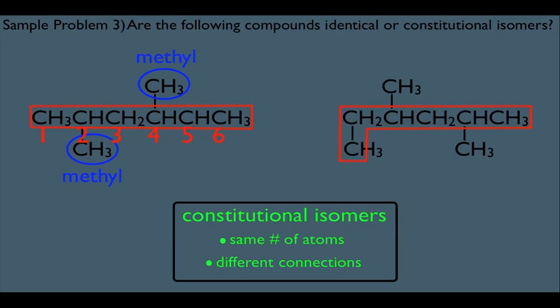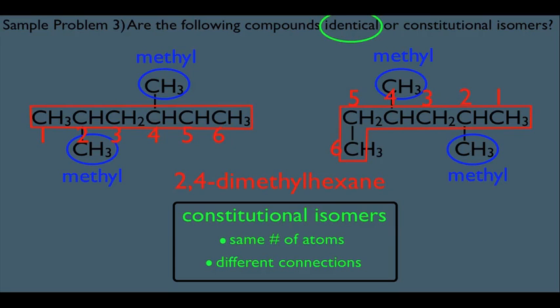Numbering it the correct way would be in this particular direction, right to left, putting methyl substituents right here on carbon 2 and on carbon 4. So, naming these molecules, we get the same exact name. They both happen to be 2,4-dimethylhexane, which means these structures are actually identical. Notice again how nomenclature helps verify that, so that we don't have to eyeball this on the exam.